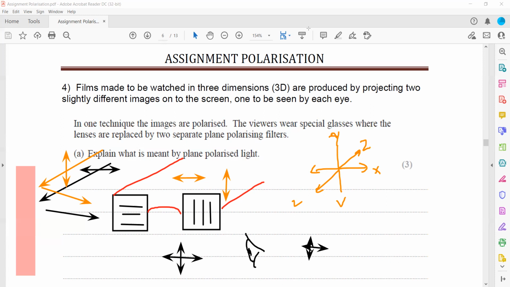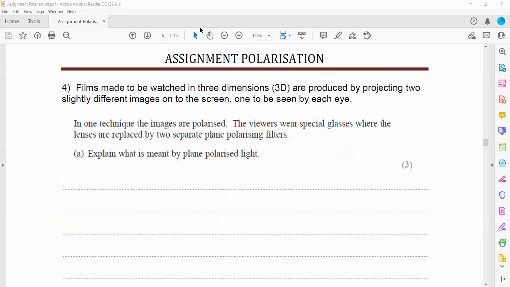So what is meant by plane polarized light? What is the definition of plane polarized light? Again, when they ask for plane polarized light, you have to use the term plane here: light which has oscillation or vibration in one plane only, and that plane includes the direction of propagation. Because they ask for plane, you should use the term plane here.